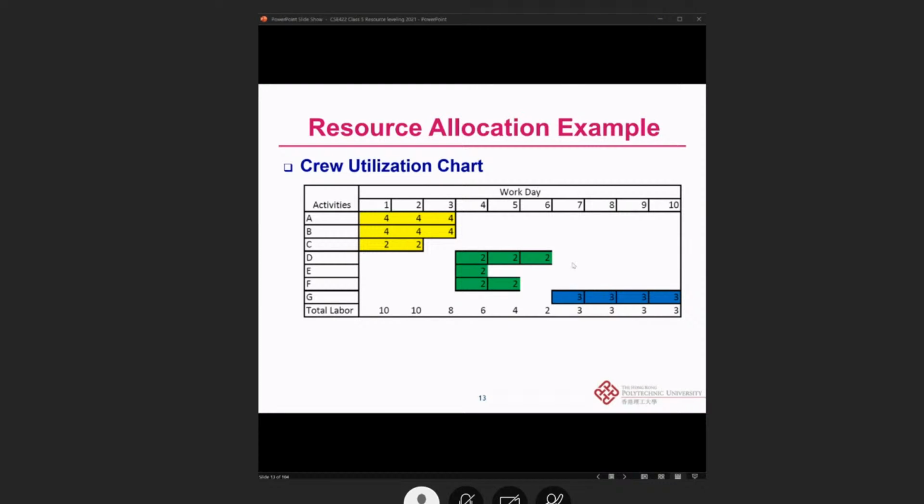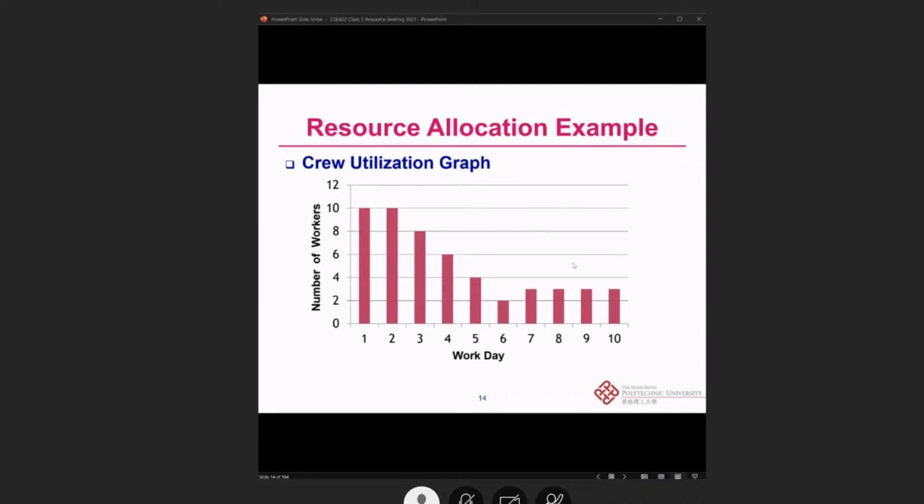And then for the next one, this is the utilization graph, where we convert this into a figure like this. The x-axis is the work day from day 1 to day 10, and the y-axis is the number of workers that we need.